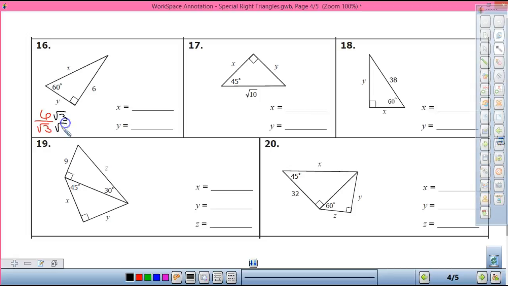Multiply the top and the bottom. 6 root 3 over 3 gives me 2 times the square root of 3. Because you take 6 divided by 3 on both, that can be reduced. So that makes my hypotenuse what? 4 times the square root of 3. So just multiplying by 2.